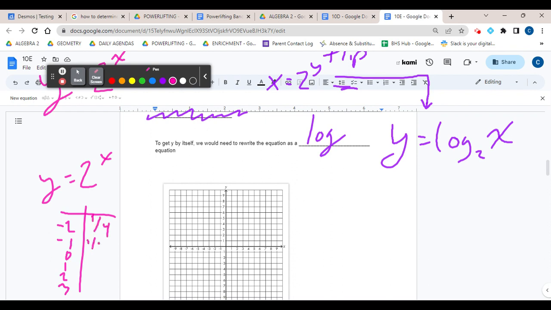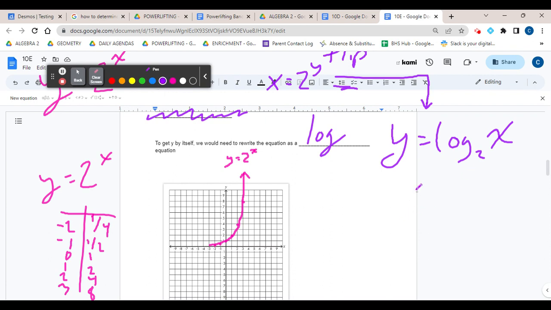We had -1, 1/2, 0, 1, 1, 2, 2, 4, 3, 8. So to redraw this thing here, we had this here, here, here, here, here, here. All right, that's the one that we had before. That's our exponential. So that's our y equals 2 to the x power.